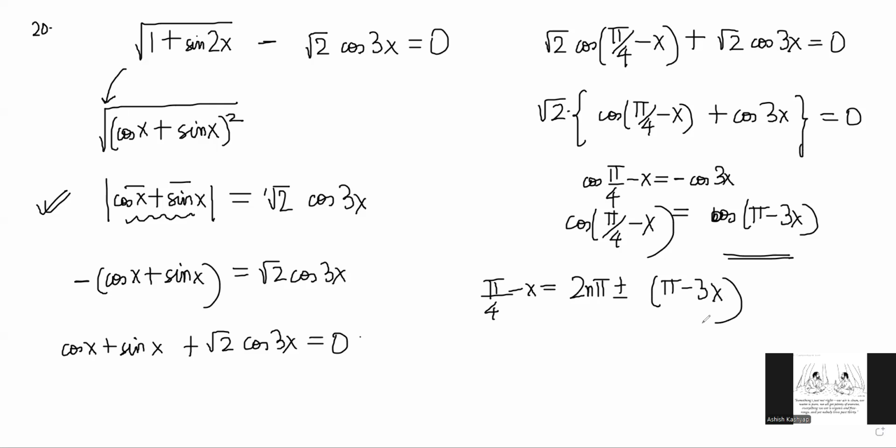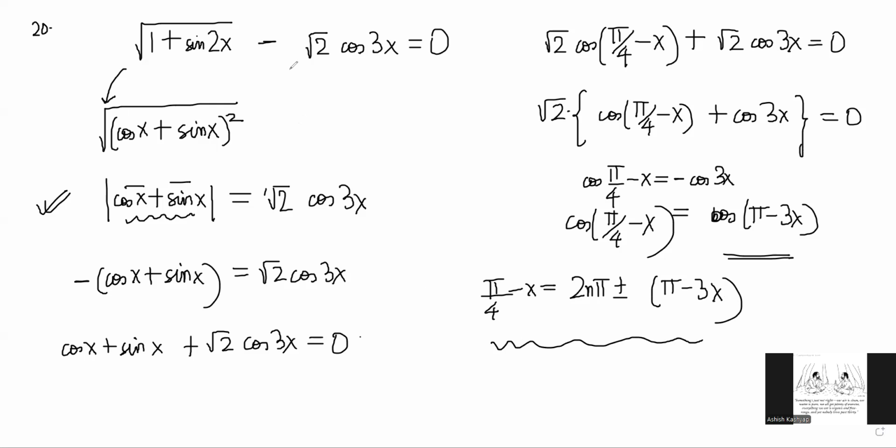Correct? Yes, sir. From here you will get solutions. You have to again check that your final answer should have x lying between pi and 3 pi by 2. So you cannot accept any random solutions. You have to only focus on those answers which lie between the required domain.